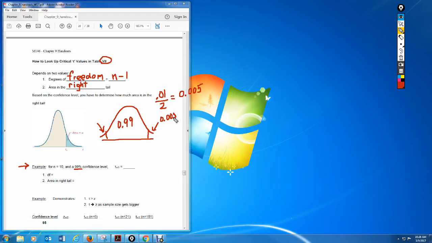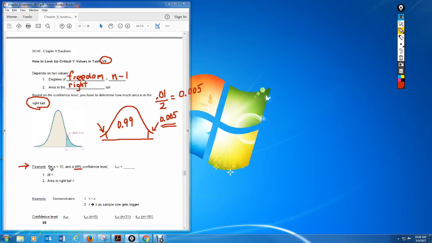What I care about when I go to the table is how much area is in the right tail. So we have an area of 0.005 in the right tail.